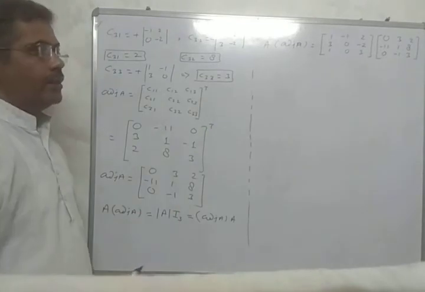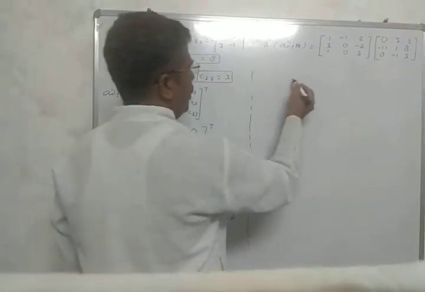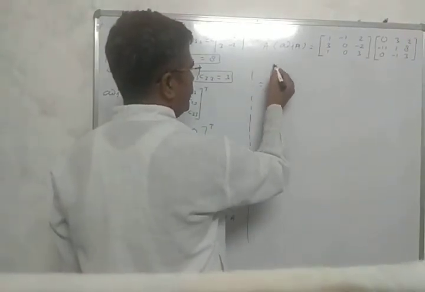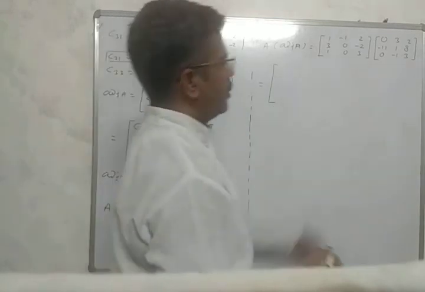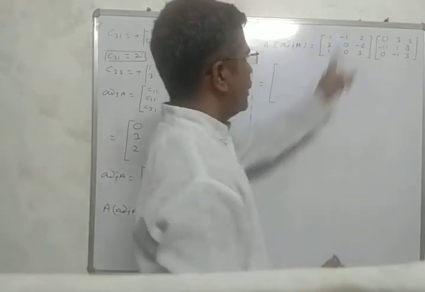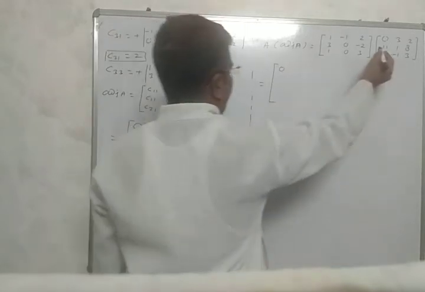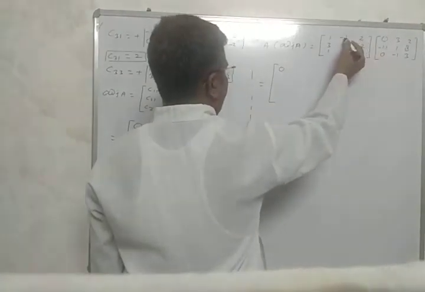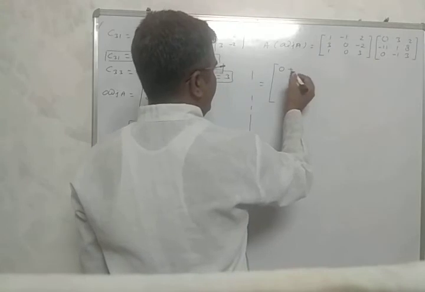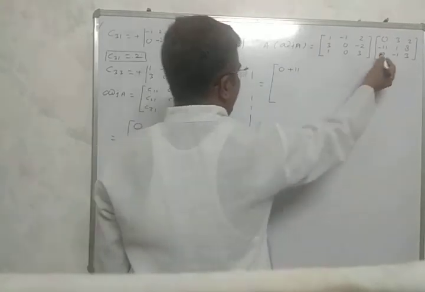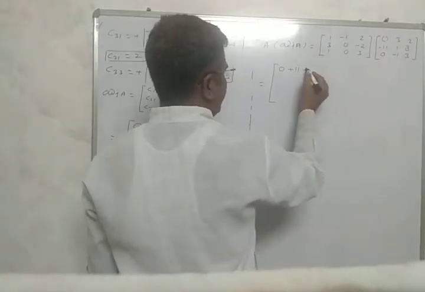We multiply. 0 into 1, 0, minus 11 into minus 1 plus 11, and 0 into 2, 0.